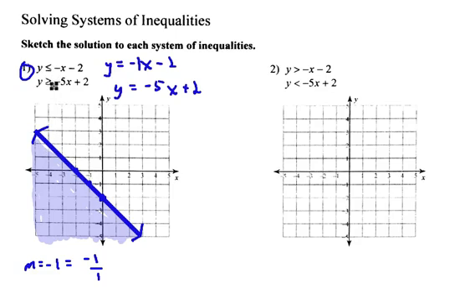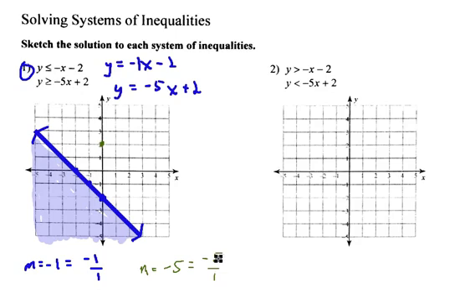Now let's go to the second inequality. So we'll start by graphing the equation of that line, y equals negative 5x plus 2. So I'll have a y-intercept or beginning point of 2. And from there, we'll do a slope of negative 5. And when we have a slope of negative 5, well, that's the same as negative 5 over 1.